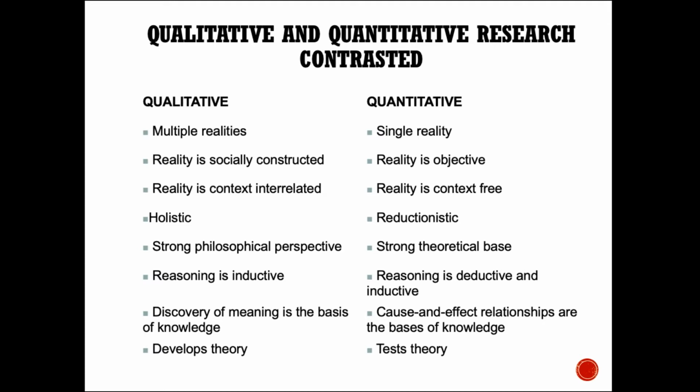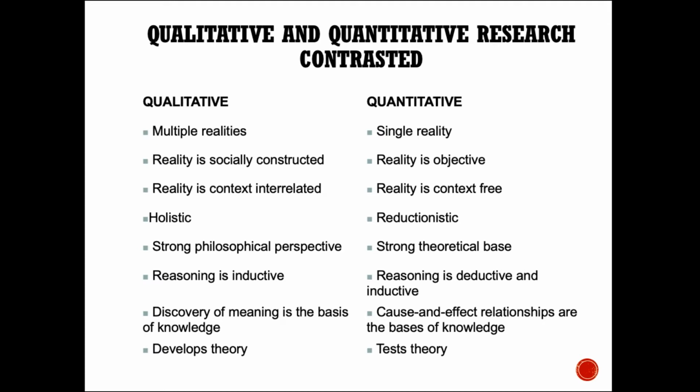We start from a specific and we go to general. We start from observations and then we develop hypotheses and theories. But in quantitative, reasoning is deductive, where we start from the general and we go to the specific. Start from the theories and we come to a specific or confirm that theory or no.